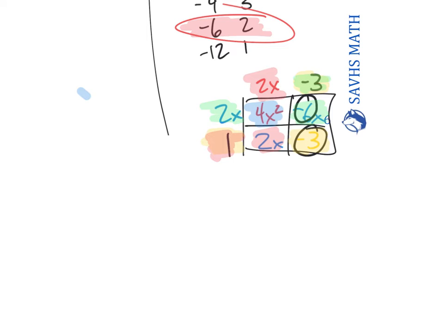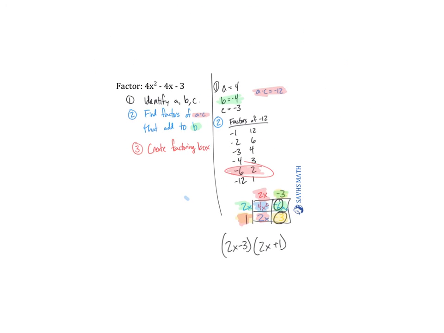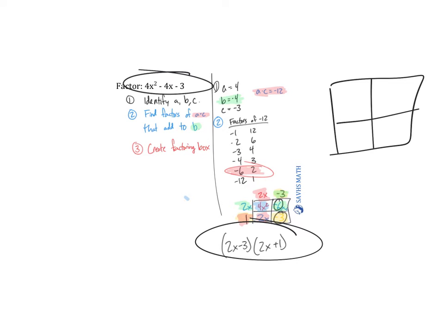So what do I get? My factoring is 2x minus 3 times 2x plus 1. If you multiply this part out right here, you will get 4x squared minus 4x minus 3. You can check that by just using the box method again if you want to, but you will get something that looks exactly the same as this one.